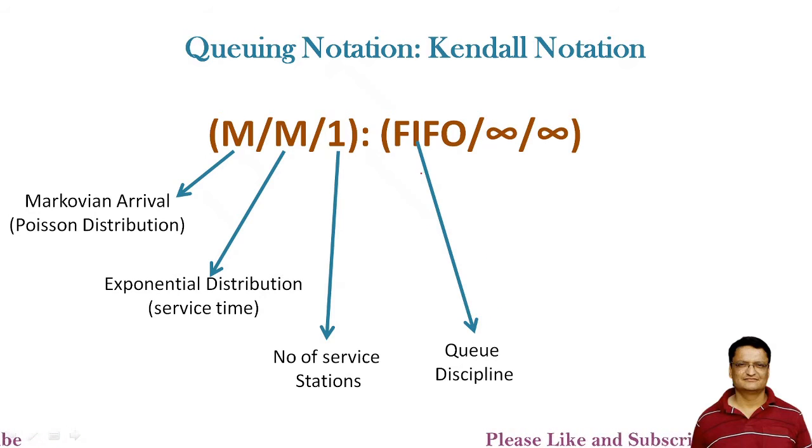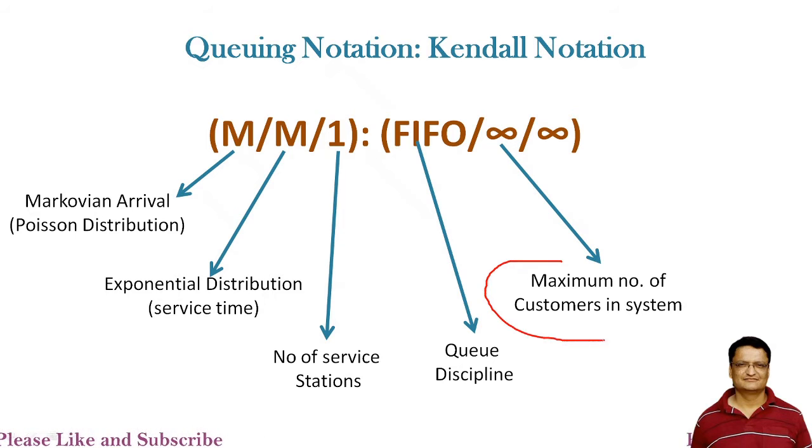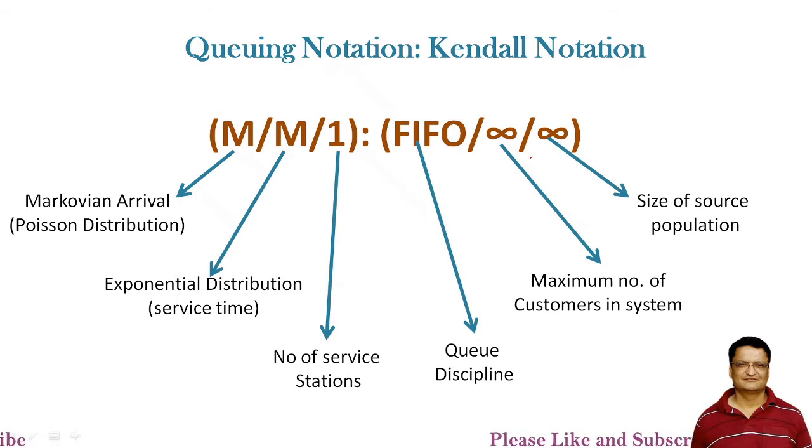The queuing discipline followed is first in, first served. The maximum number of customers in the system allowed is infinite, and the size of the source population is also infinite.